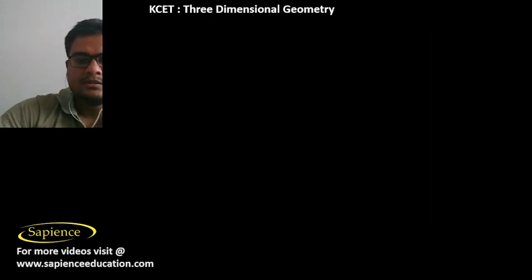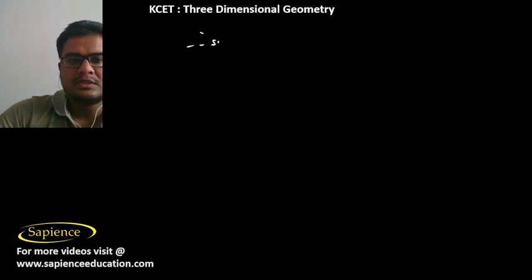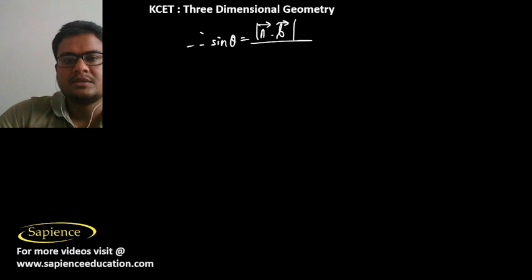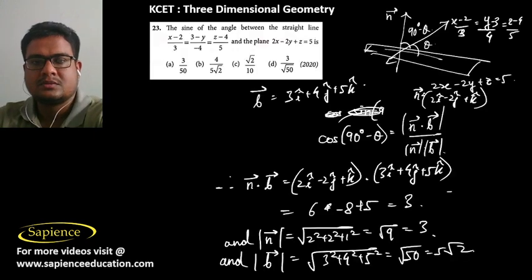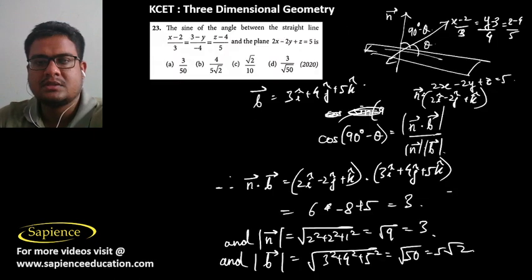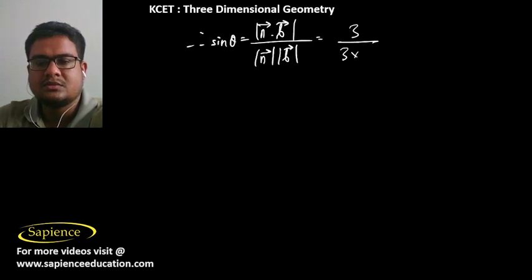Therefore I can say that cos of 90 minus theta, that is sine theta, will be equal to magnitude of n dot b divided by mod of n into mod of b. It is equal to n dot b, that is 3, divided by magnitude of n, that is 3, into 5 root 2.